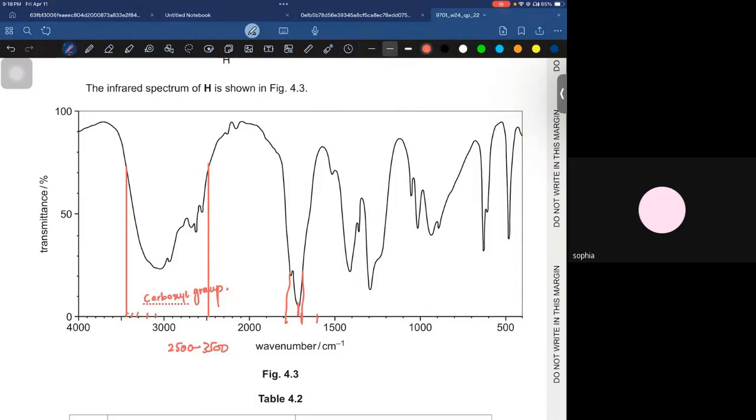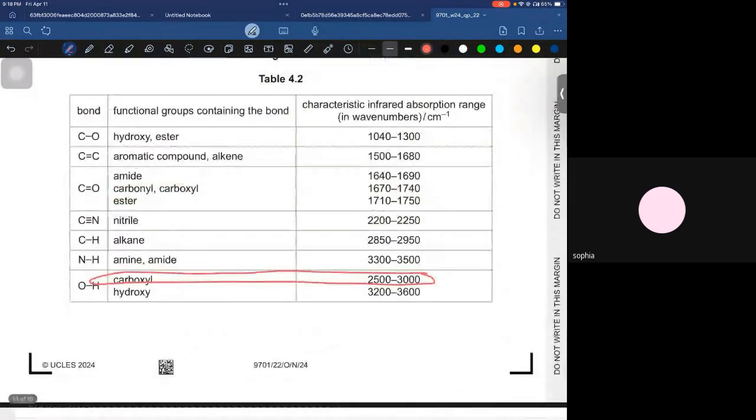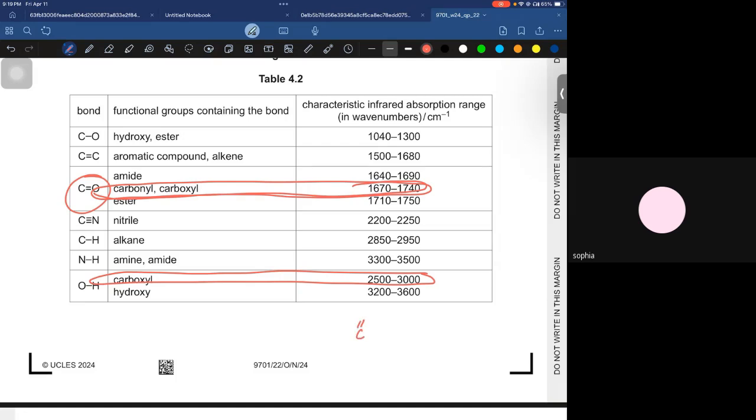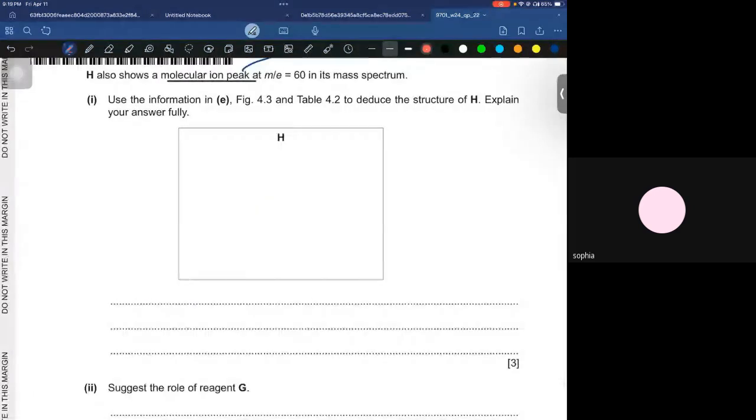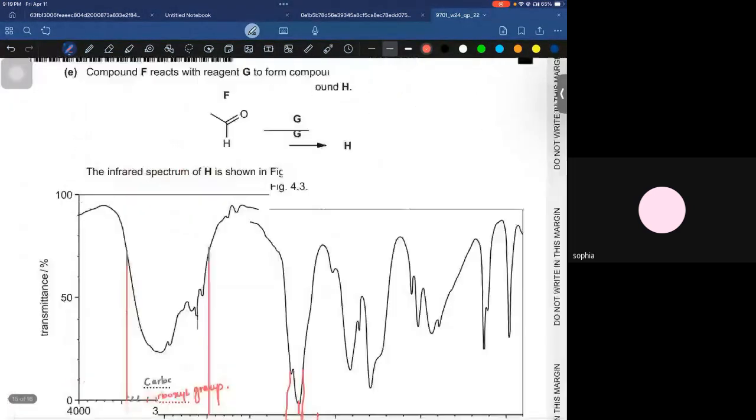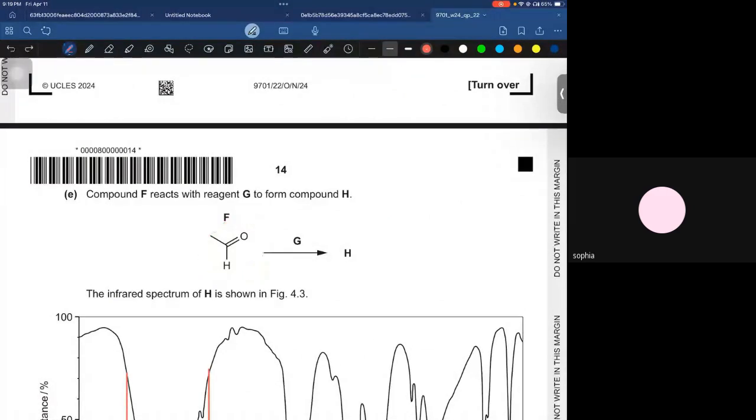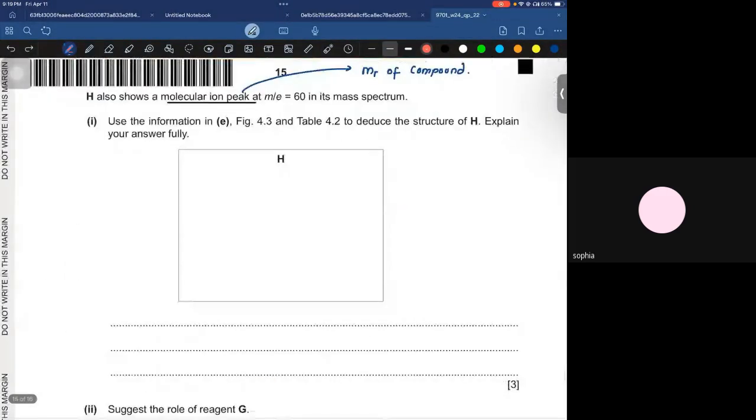This is going to show that it is for that carbonyl which is present in carboxylic acid. So it is confirmed that this is your carboxylic acid. Initially it is your aldehyde, so G is your oxidizing agent. It's very simple. It's carboxylic acid. That's it.